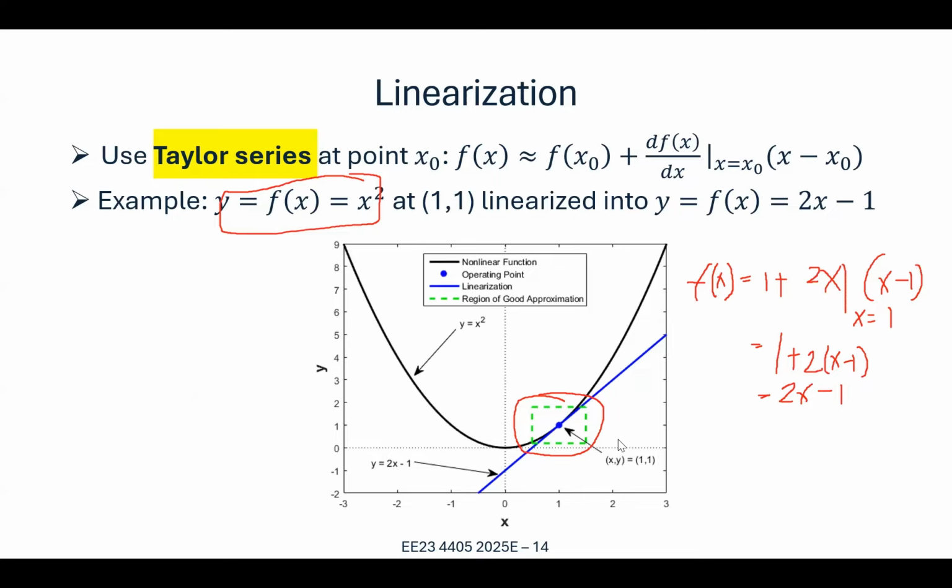So that's the linearization of this x squared, which is a straight line with gradient 2 and offset minus 1.